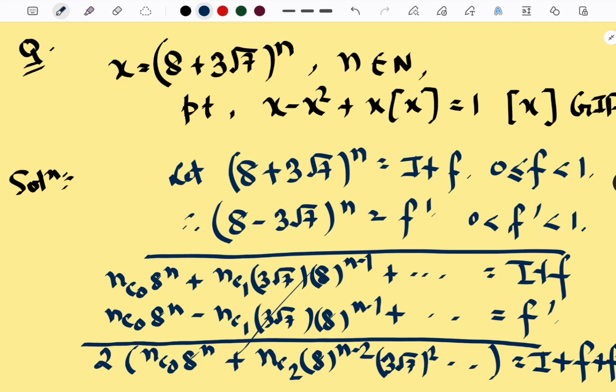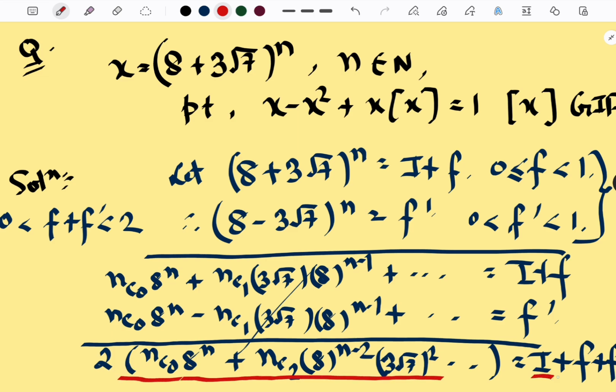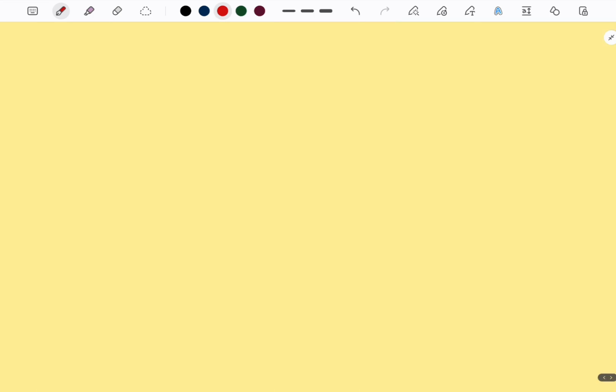Now F plus F dash obviously has to be from 0 to 2. And the left hand side is an even integer, so F plus F dash must be an integer, therefore F plus F dash must be equal to 1. So here the value will be F dash is equal to 1 minus F.